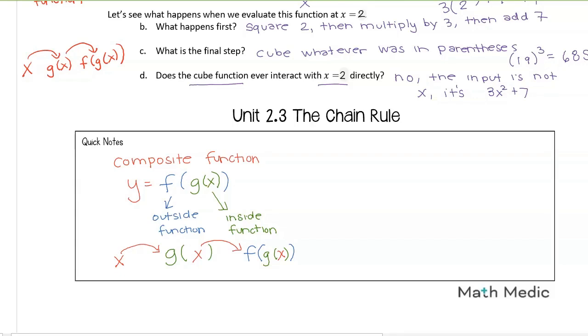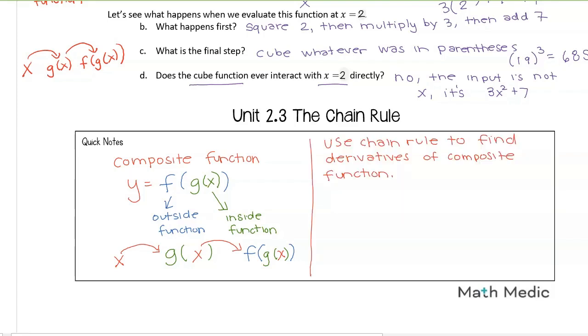So now we've explained what a composite function is. To find the derivative, we need to use the chain rule. So we have our function y equals f of g of x.